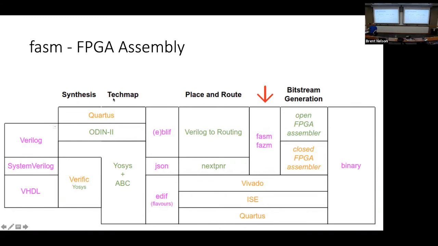Because how you describe a tech-mapped synthesized net list is very different than how you would describe a placed and routed design. And over the years, there have been hundreds of ways of describing these various things. And so they're saying, no, FASM is going to solve the problem of that last representation before you generate a bit stream. That's their goal, I believe. So that's why they have this picture, okay?